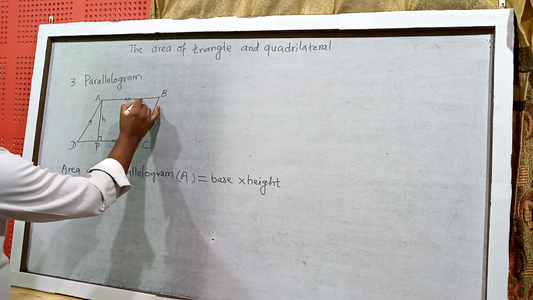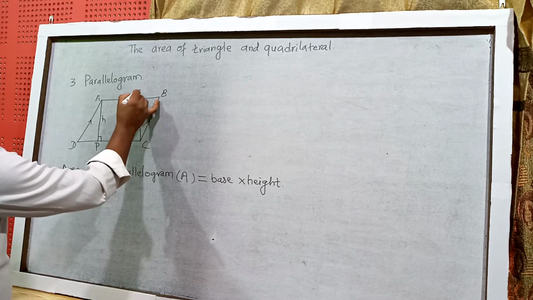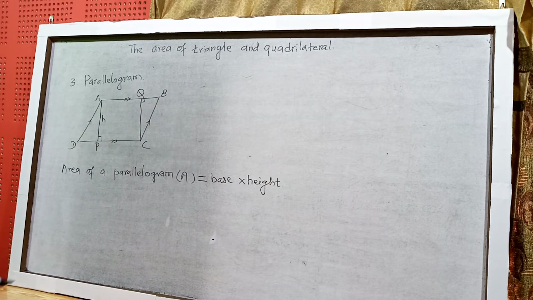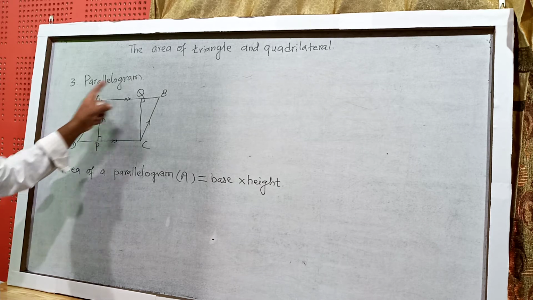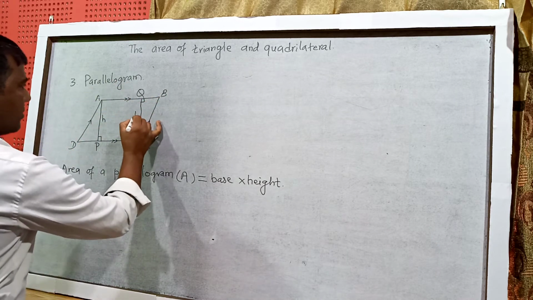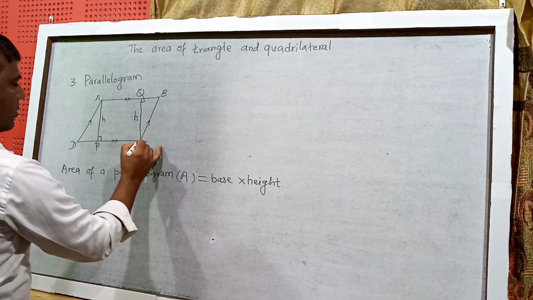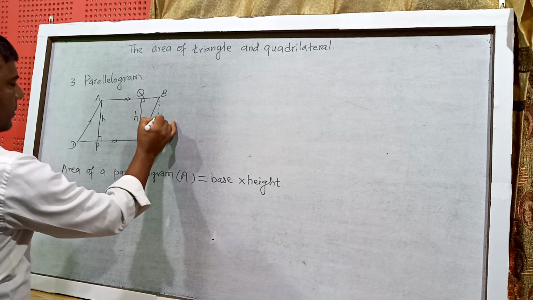Next, CQ is also the height of parallelogram ABCD. Or we can also make the height of this parallelogram in this way.